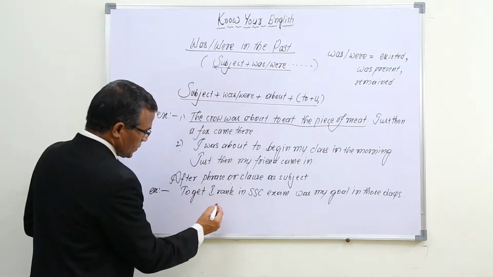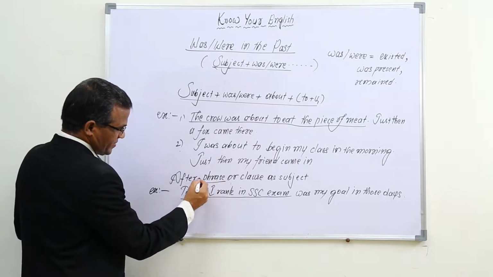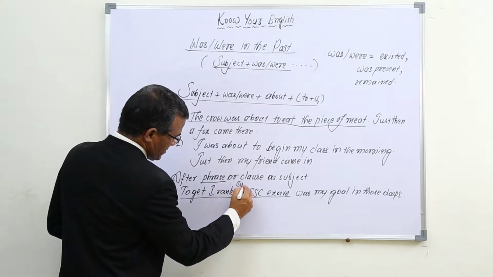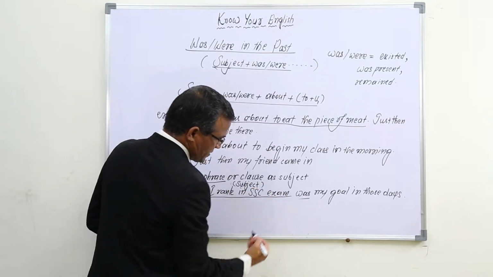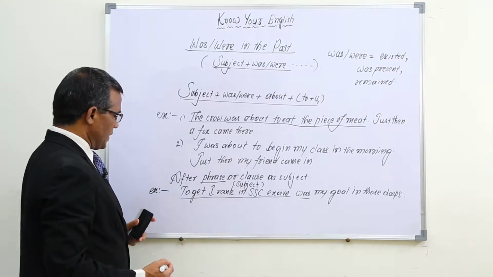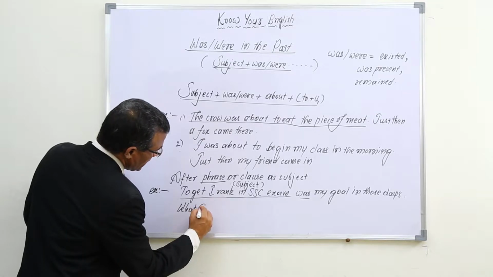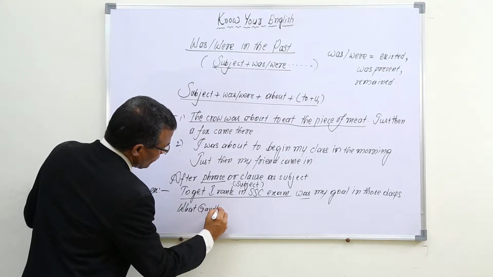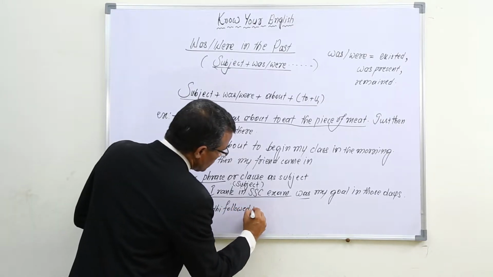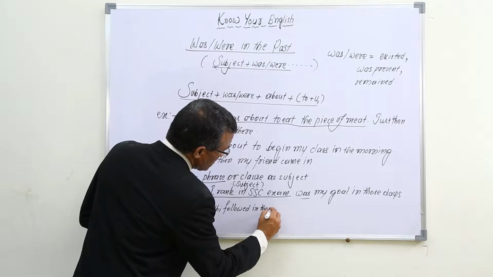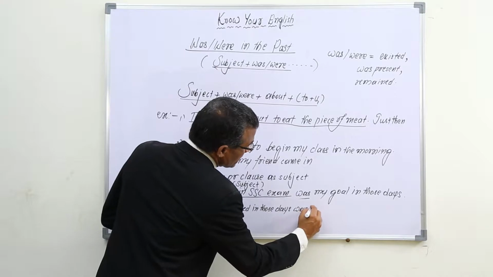You see here, to get first rank in SSC exam, this is one phrase. So which is working as subject here? After subject, we are able to use was or were. And in the same way, what Gandhi followed in those days was right.